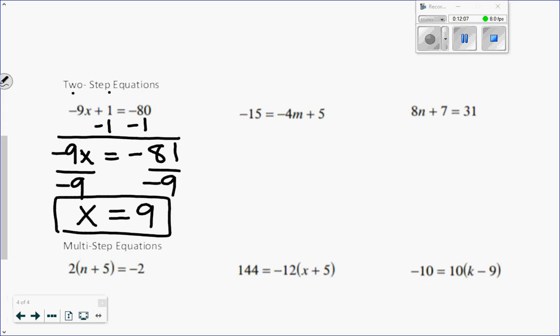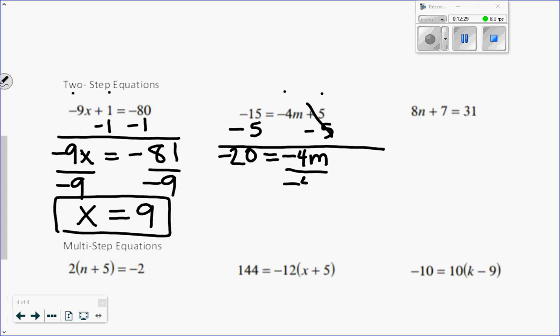Here we have to get rid of the 5 and the negative 4. The 5 is positive. So we'll subtract 5 on both sides. Negative 4m equals negative 20, and now we'll divide by negative 4. M is equal to 5.